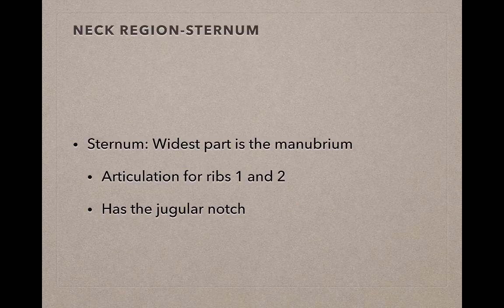So to start with, let's revisit the sternum. Specifically, we're going to talk about the widest part, which is the manubrium. This piece of the sternum is the articulation for ribs 1 and 2, and it also has the jugular notch. It's the little indentation that you can feel as you run your fingers on your clavicles medially.